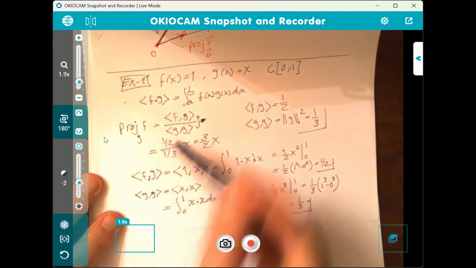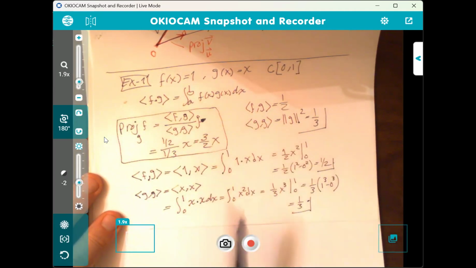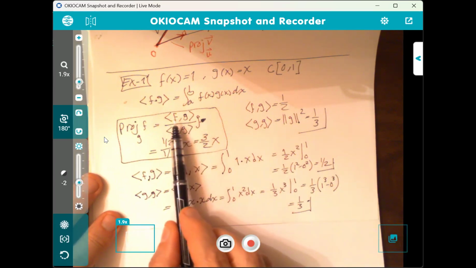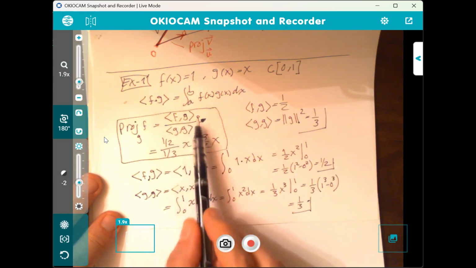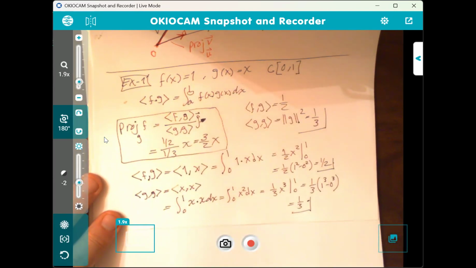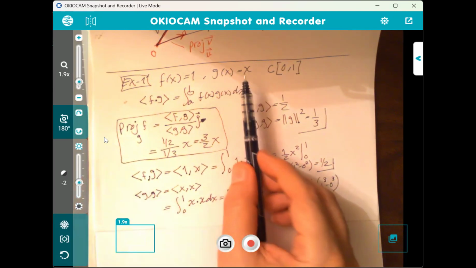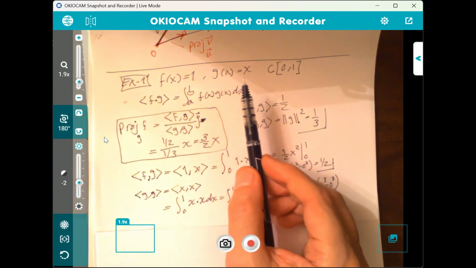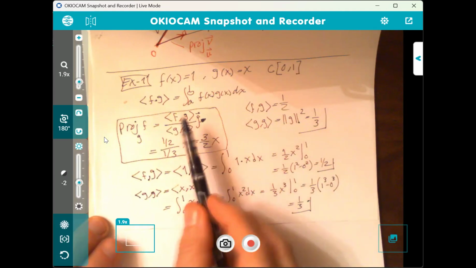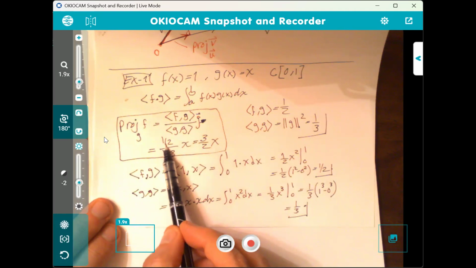Now, what is the projection? This was a formula for projection. And the projection is f dotted g over g dotted g times vector g. This g is a vector. Okay, but this x, how can it be a vector? Well, think of it as an object of a vector. So f dot g, we just showed that's 1/2. That's the numerator.